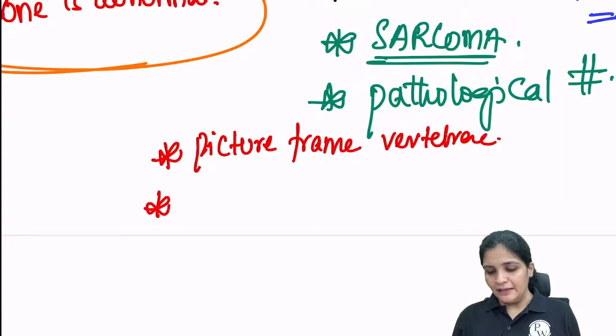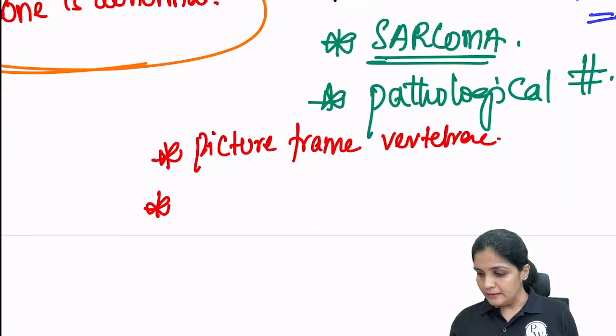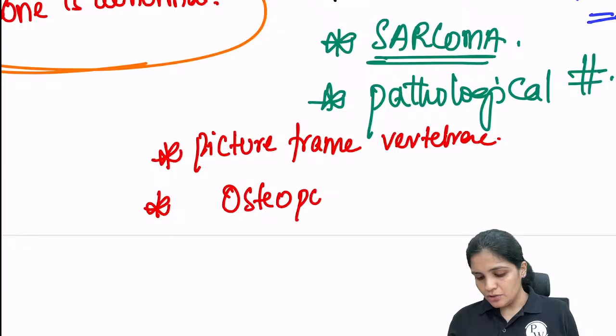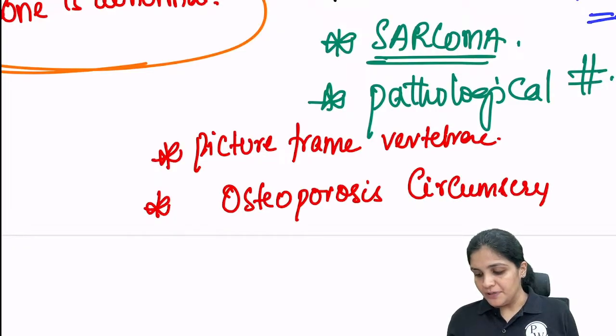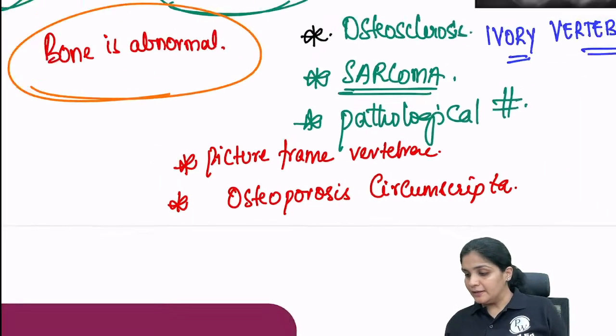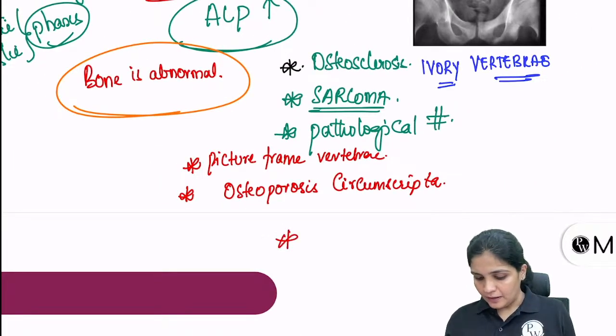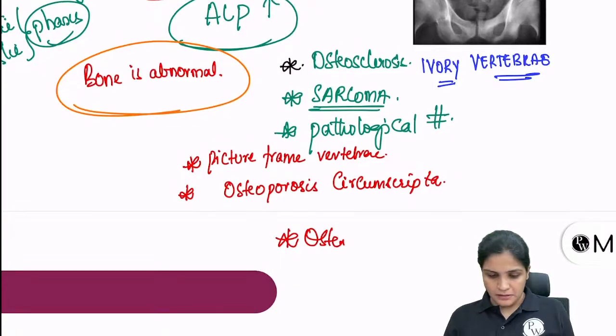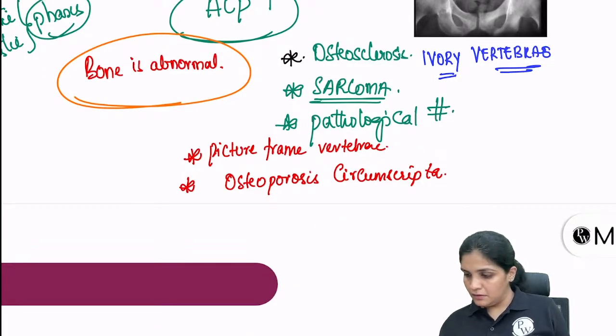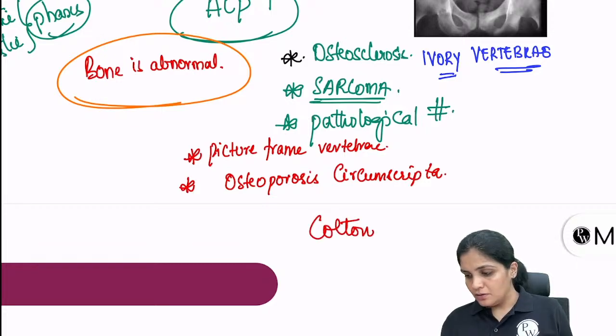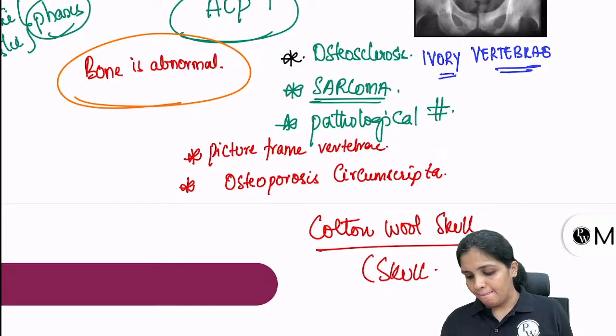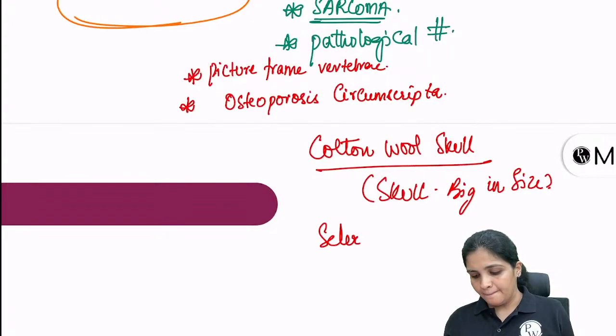The ivory vertebrae, and osteoporosis circumscripta, and osteitis, yeah, cotton wool skull, and the skull becomes big in size.